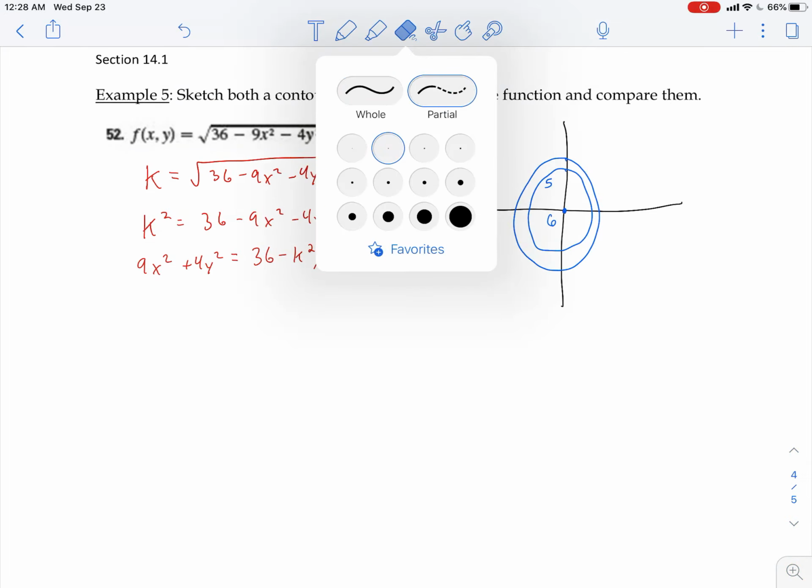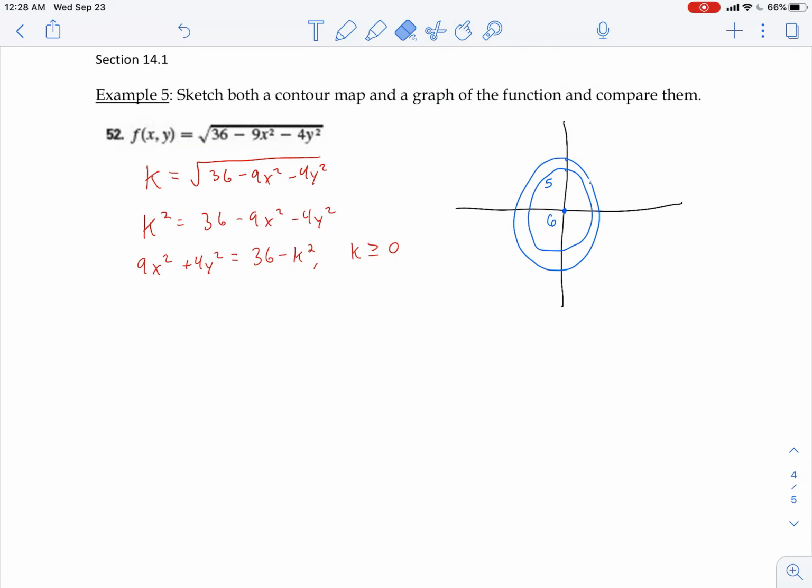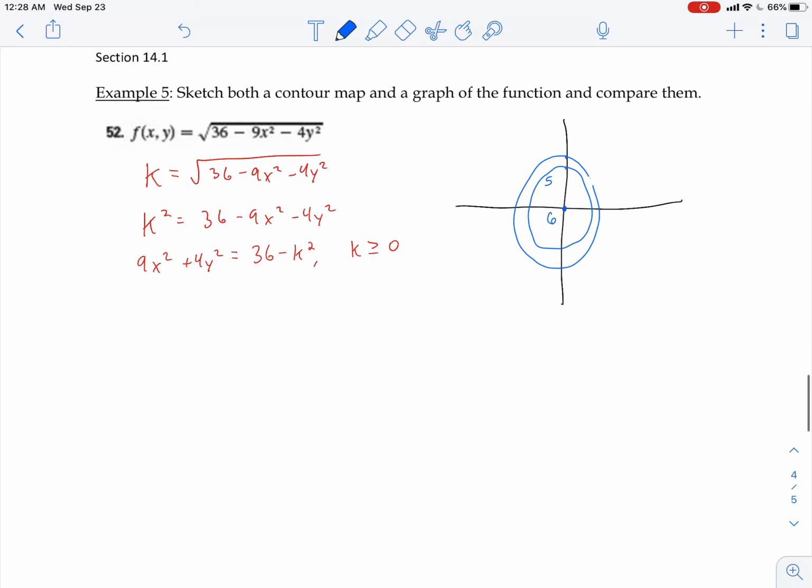Let me go ahead and create some space in there. Our next one's going to be a little bit bigger. And again, I don't have perfect ellipses, so that's 3. And then we're going to get a little bit bigger, 2.